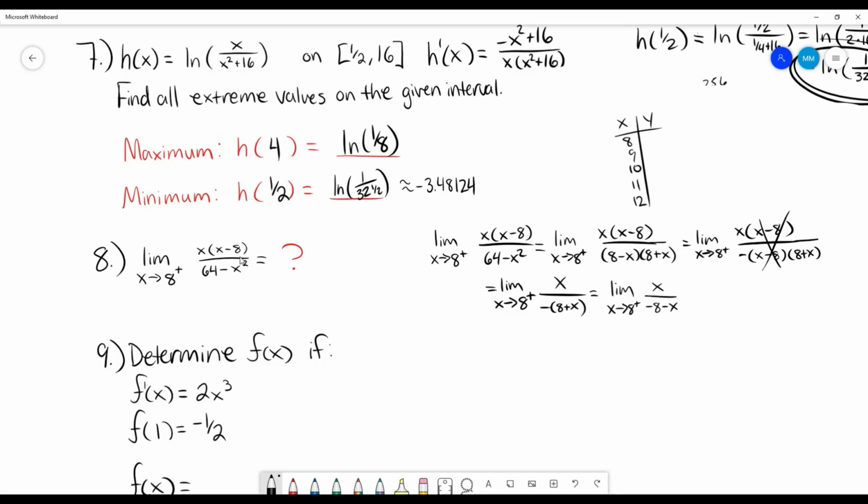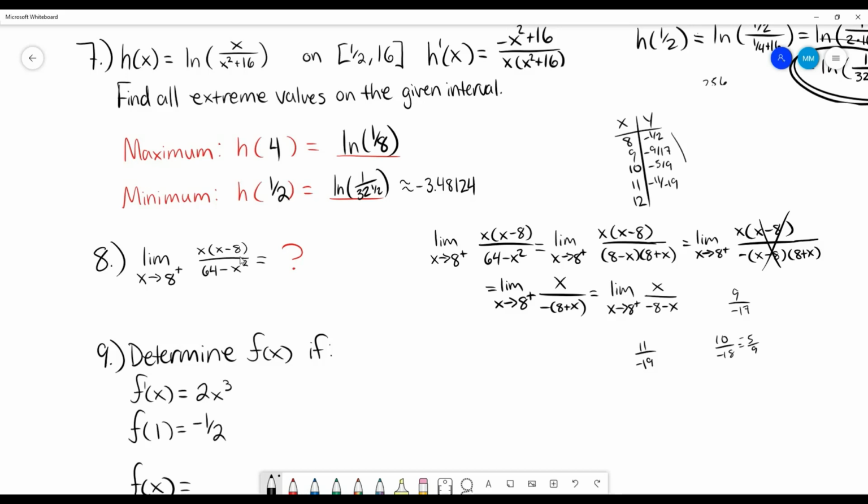So when x equals 8, that gets to be a negative 1/2. When x equals 9, that's going to be 9 over negative 17. When x equals 10, that's 10 over negative 18, which is negative 5/9. 11. And this feels like it checks out, because going this way I'm getting further in one direction, and going this way I'm getting closer to my negative 1/2.